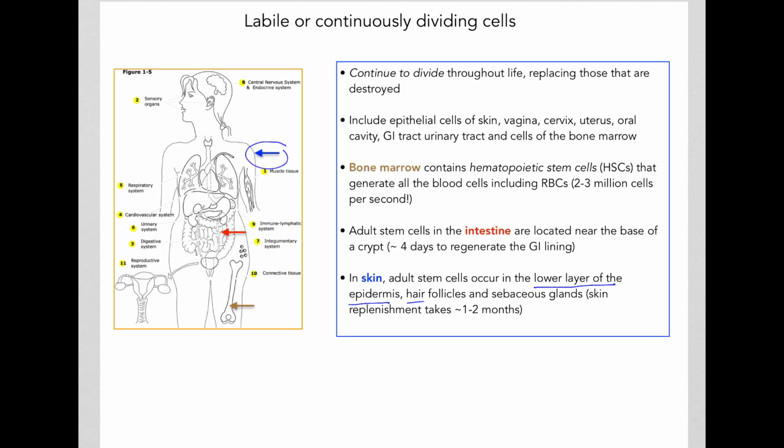We have stem cells found in hair follicles as well as sebaceous glands. In these, skin replacement or replenishment takes about 1 to 2 months. So these are examples of cells that continuously divide throughout our life. We call them labile or continuously dividing cells.